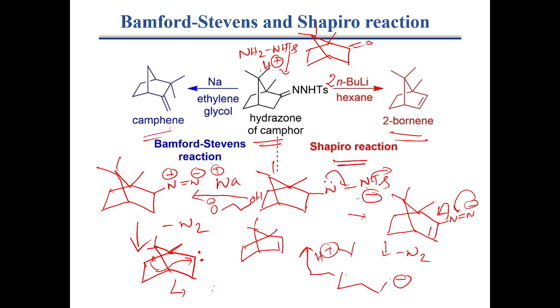Now what happens is, one bond is forming here directly. This is the methyl and these are the two methyl.